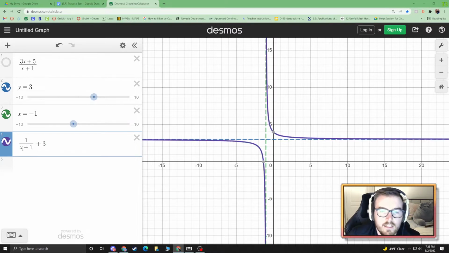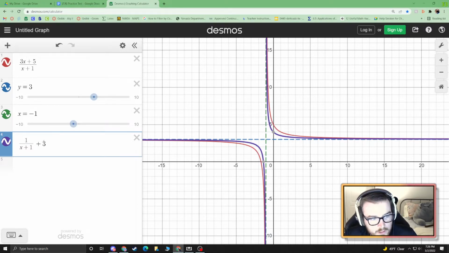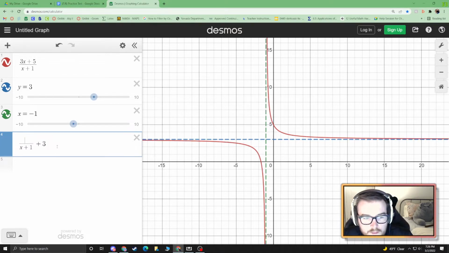But you'll notice they still don't overlap perfectly. I got the asymptotes to match, but I don't have the stretch or shrink matching yet. So I need to tinker with this top value. What if I make it a 2? Right there, I found it. They're overlapping.